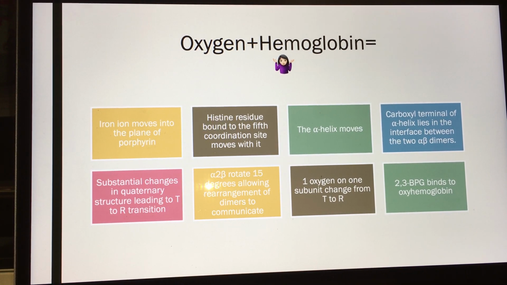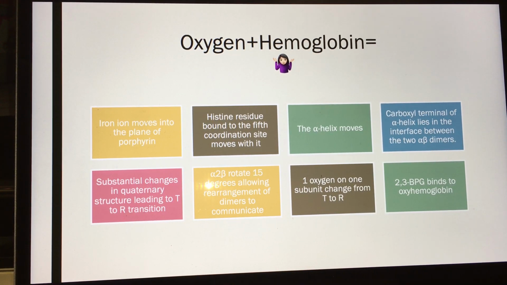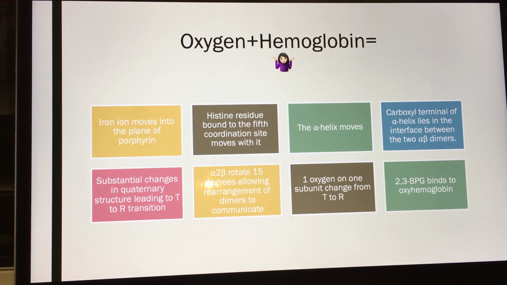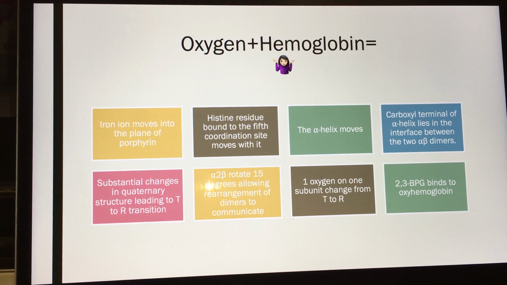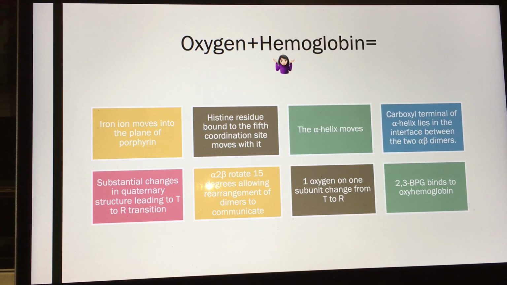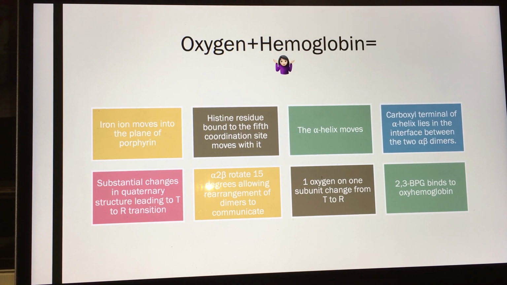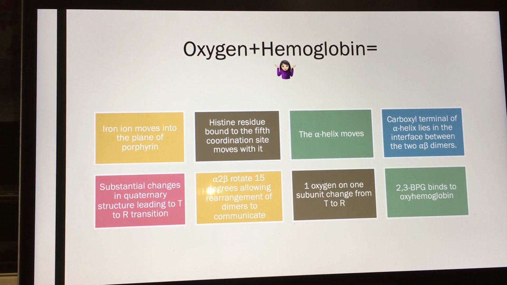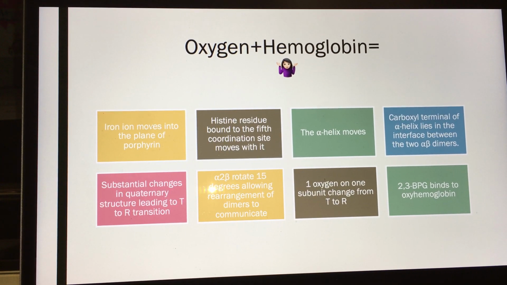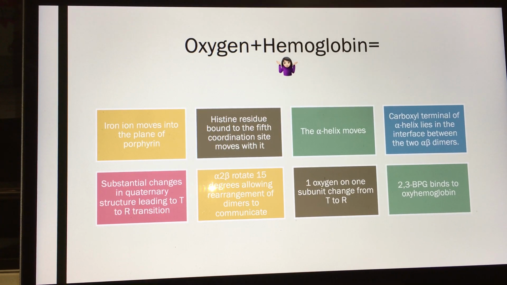This therefore causes substantial changes in the structure, leading to the T to R transition. Then the alpha and beta rotate 15 degrees, allowing rearrangement of the dimers to communicate.